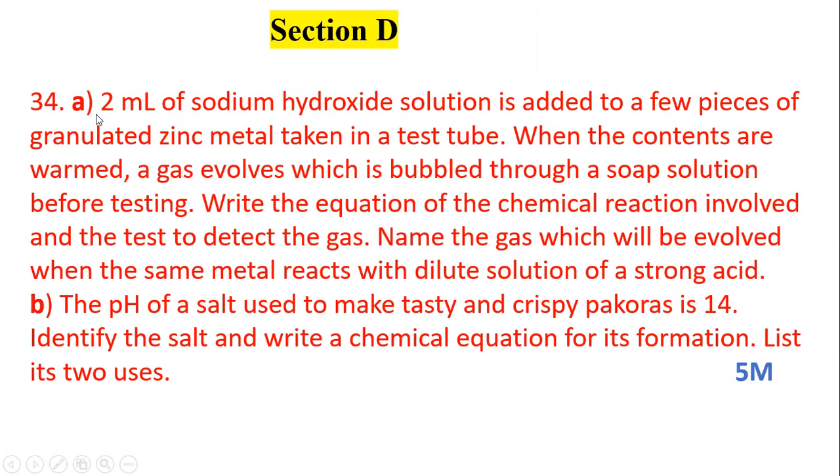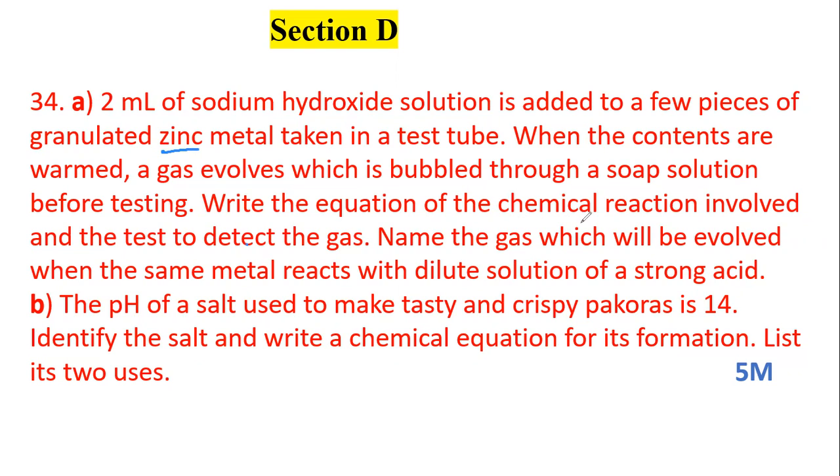First we will see A. 2 ml of sodium hydroxide solution is added to a few pieces of granulated zinc metal taken in a test tube. When the contents are warmed, a gas evolves which is bubbled through a soap solution before testing.